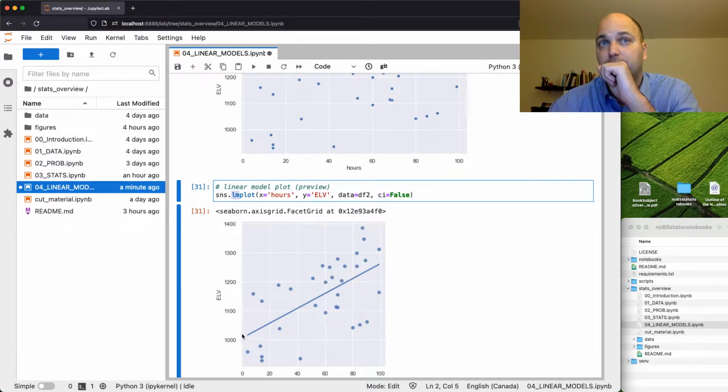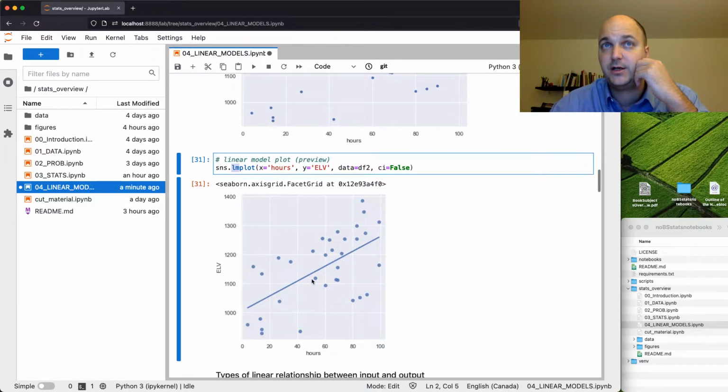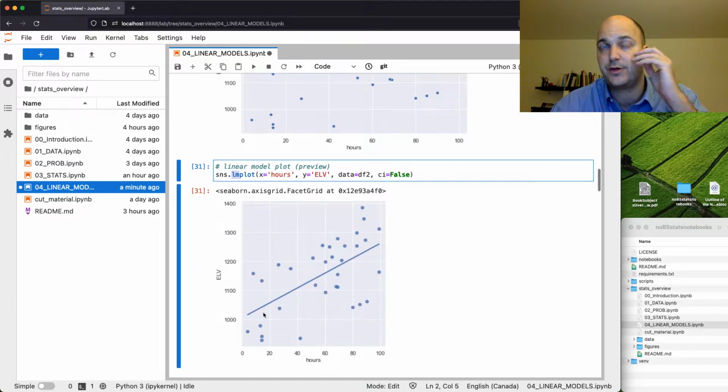The intercept is somewhere here, and you see it passes through the points. It doesn't pass through all the points, but it's the best fit. We're going to work our way to this plot, but I wanted to show what we're trying to do. We're trying to understand these points and fit the best fit line.